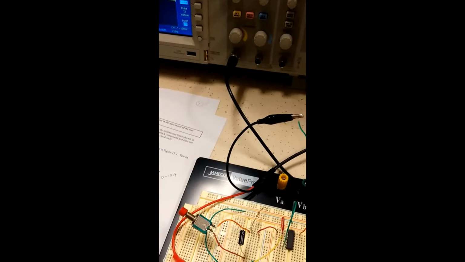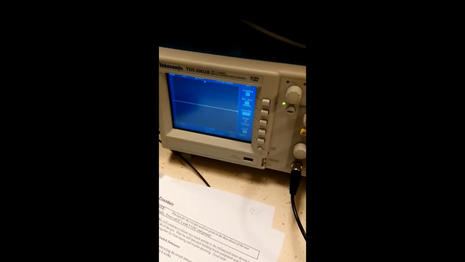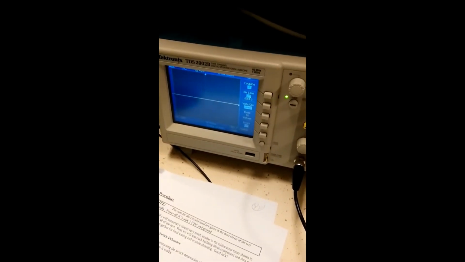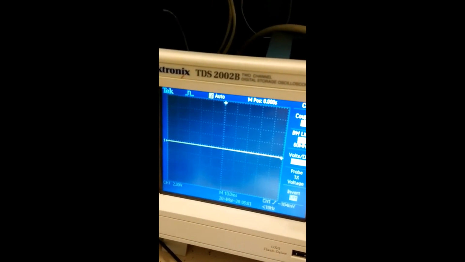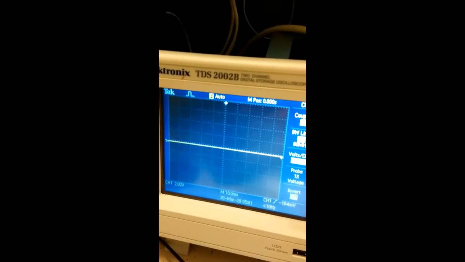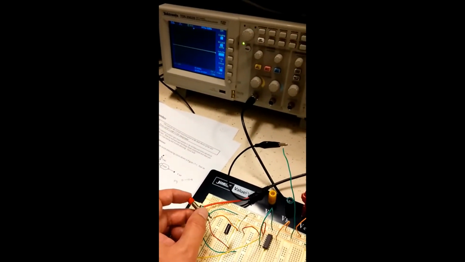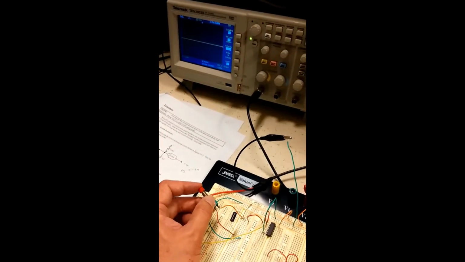I have this oscilloscope to let us see the output of the NAND gate. See clearly, it's flat, it's clean. This is a clean signal. Now what I have to do is turn on the switch, and you notice what happens to the output signal on the oscilloscope screen. Look at that, how clean it is.